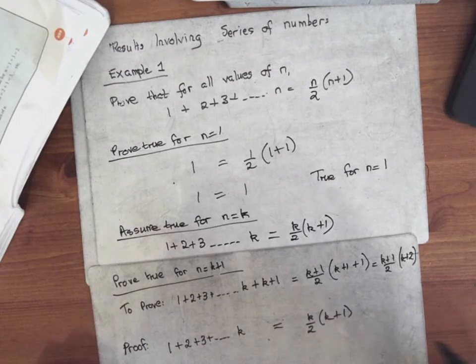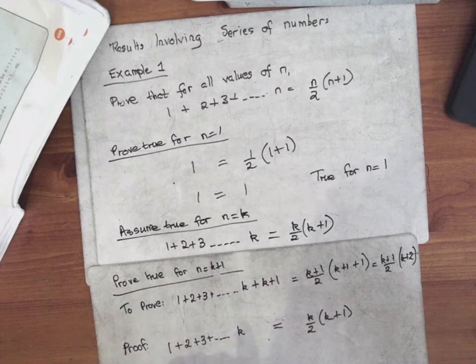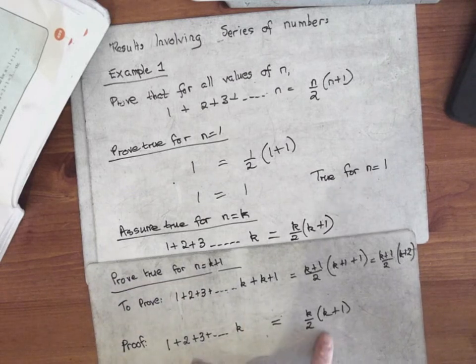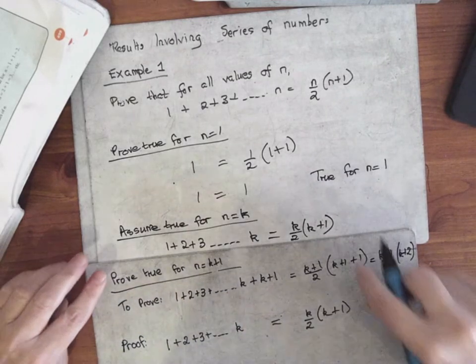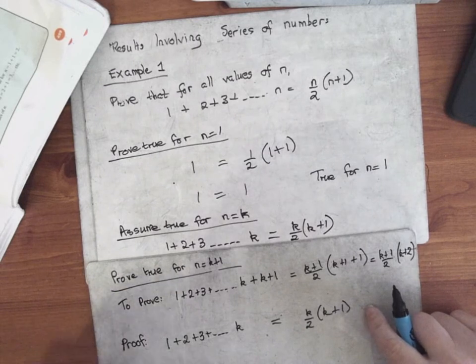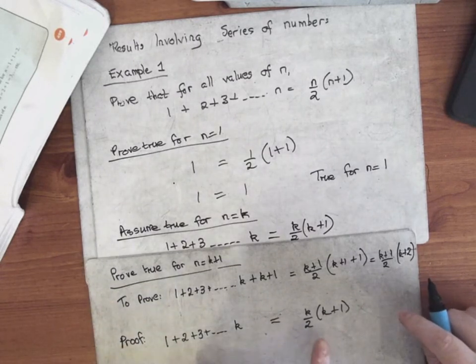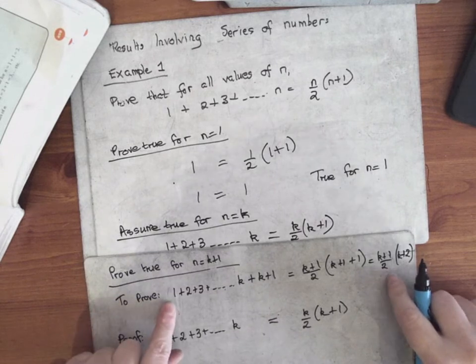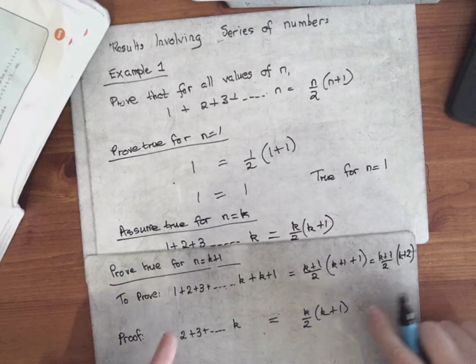This is my true statement. I need to turn this statement here into this statement here. So I'm starting with what's true, and I need to turn my true statement into what I'm trying to prove. So I need to turn this into this.